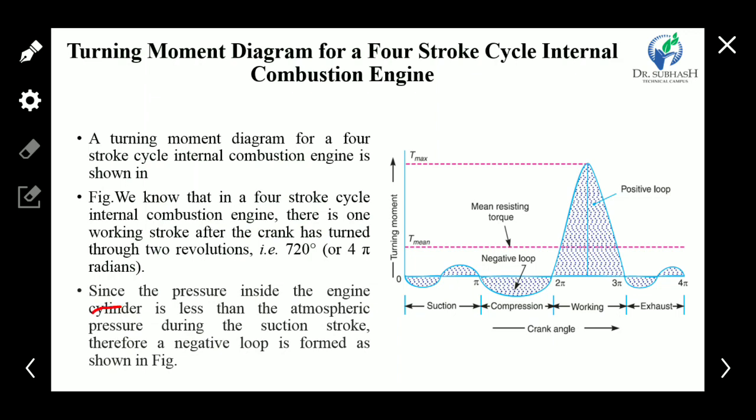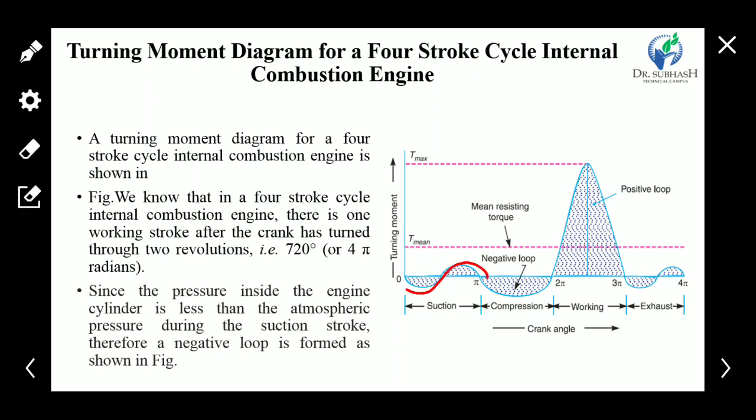Since the pressure inside the engine cylinder is less than the atmospheric pressure during the suction stroke, a negative loop is formed as shown in the figure. When the suction starts, the pressure is lower, so a negative loop is generated, and after some time the air is filled, so the pressure equals the atmosphere, and the loop becomes positive again.